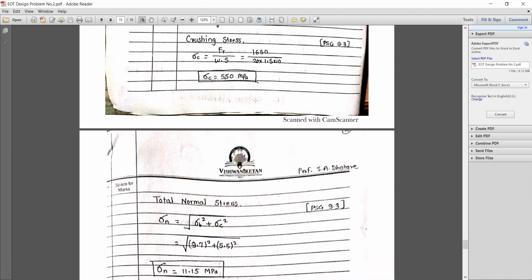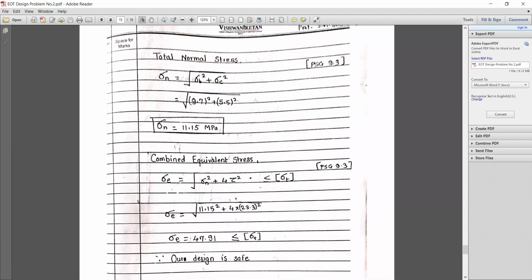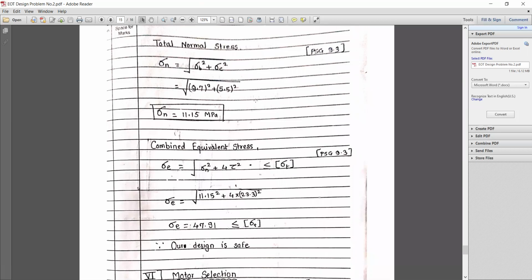So we will check whether the normal stress, or the combined stresses, are greater than the design tensile stress or not. If the total stress is lesser than the design one, then our design is safe.